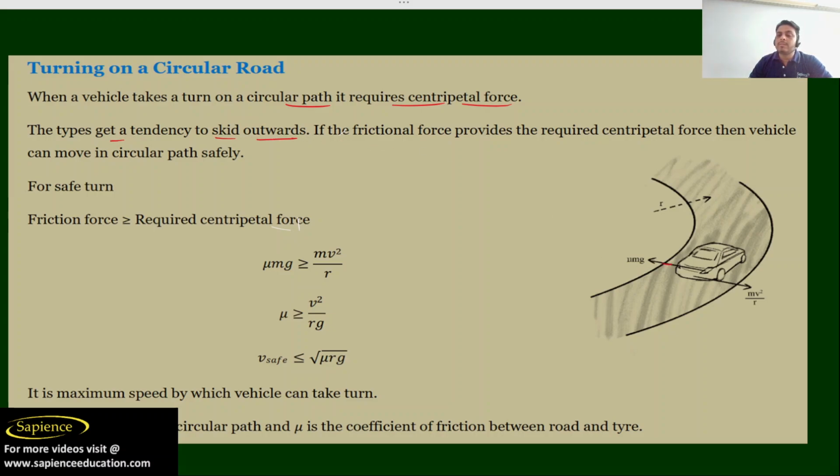Otherwise, if there is no friction force, it will skid outward, and the car won't be able to follow the circular path.